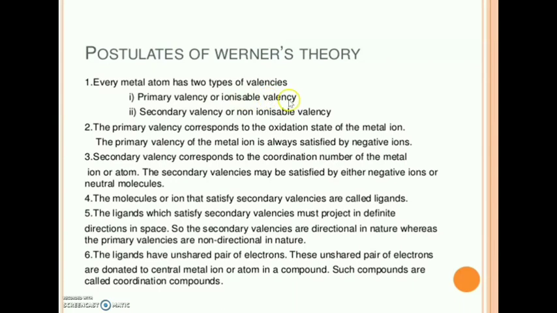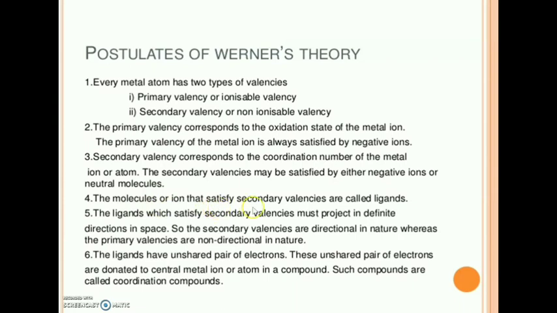Primary valency is ionizable and secondary valency is non-ionizable, and the primary valency corresponds to the oxidation state of the metal ion, and the primary valency of the metal ion is satisfied by negative ions. Only negative ions satisfy the primary valency, and secondary valency corresponds to the coordination number, and the secondary valency may be satisfied by either negative ions or neutral molecules. That may be ligands, negatively charged ligands or neutral molecules.